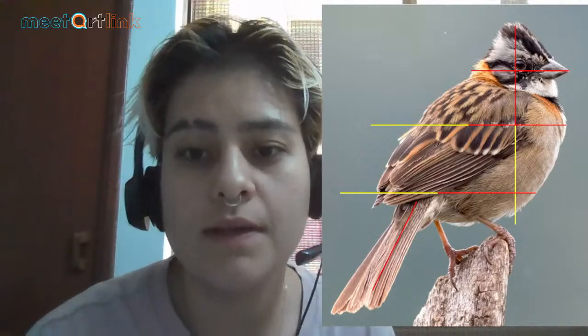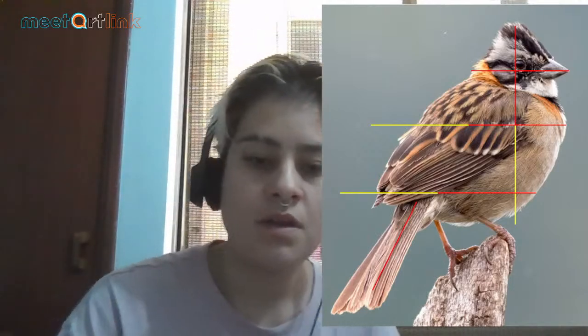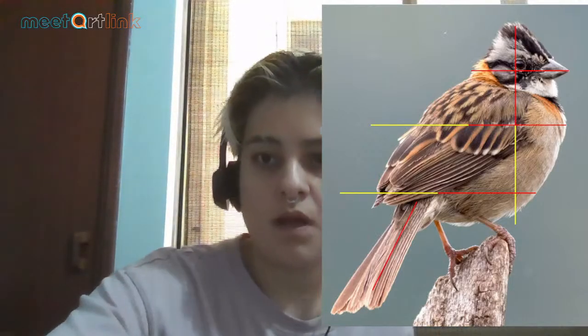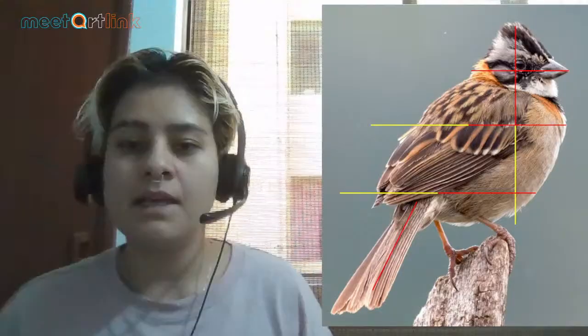This is just the way that I measure it, and how I see things that maybe we don't really expect. I measure the head in a horizontal way, and if I see the bird quickly in this image, maybe I think, oh, the tail is way longer than the head.